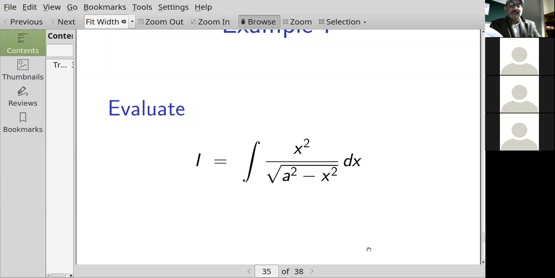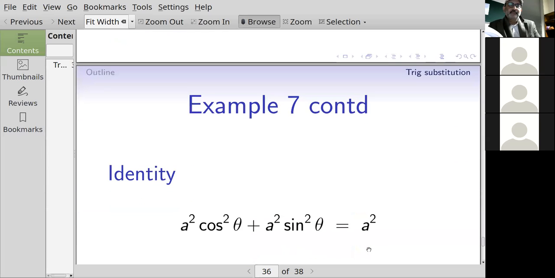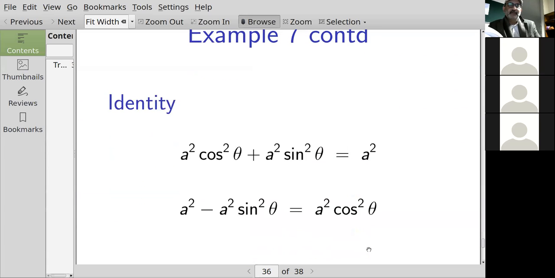So again, I might be tempted to do a trig substitution. What substitution might I use here? A sine theta. X is equal to A sine theta, right? So remember, once again, we know that A squared minus A squared sine squared theta equals A squared cos squared theta.